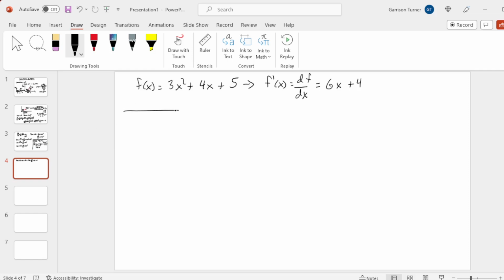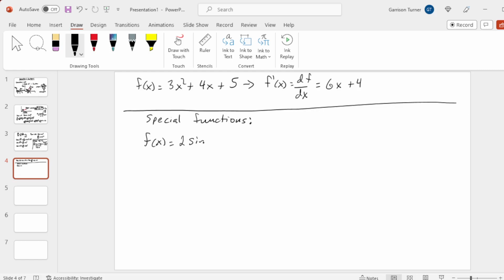Now, that takes care of polynomials. Now, there are some very special functions. So, for example, what is the derivative of special functions? Okay. So, for example, if I have a sinusoidal function, well, actually, I won't go here yet.